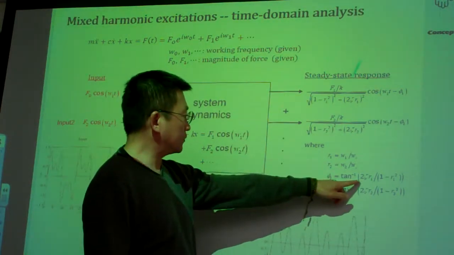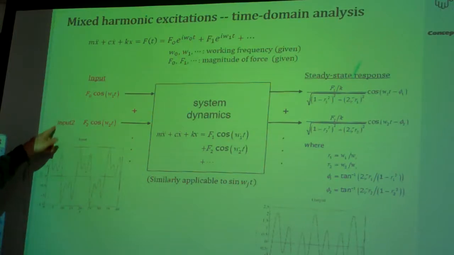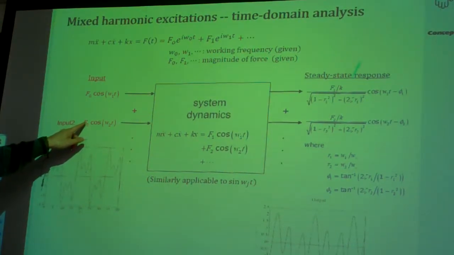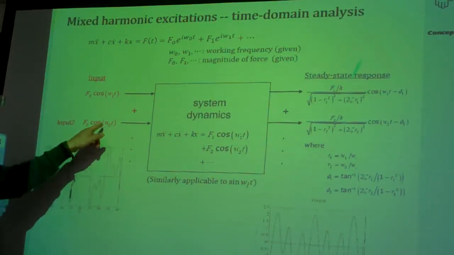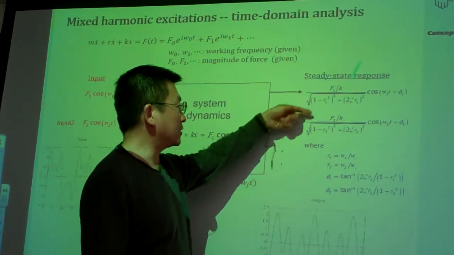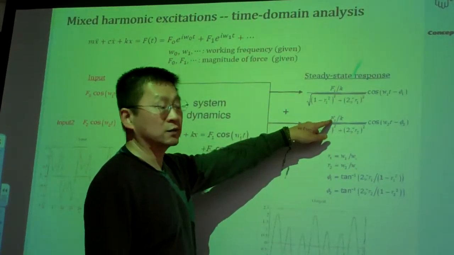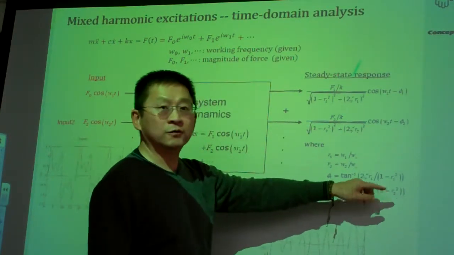Phi1 is basically defined by this angle here, by this number here. And again, if the input is f2 cosine omega 2 t, that's a different omega, then it follows a similar pattern, but with different numbers. And phi2 is in terms of r2, etc.